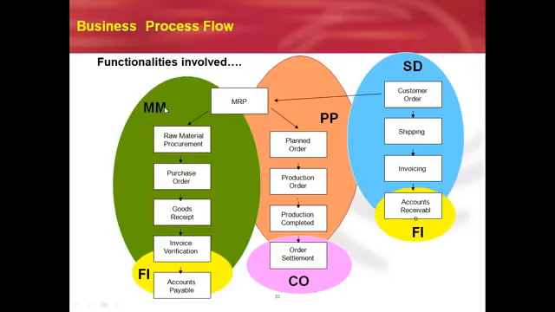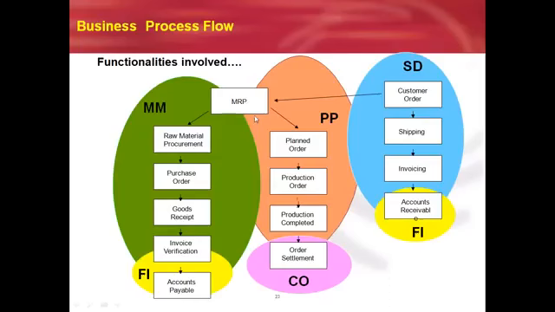Coming from materials management, right from the raw material procurement up to the accounts payable, that is creation of purchase order, goods receipt, invoice receipt, accounts payable, which is done by the finance.